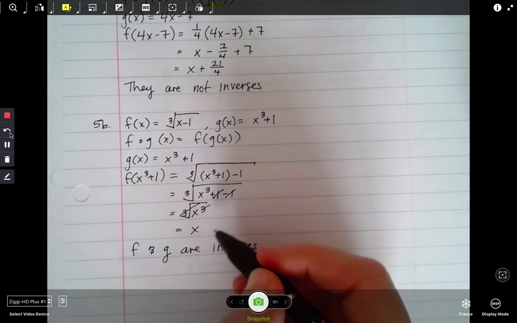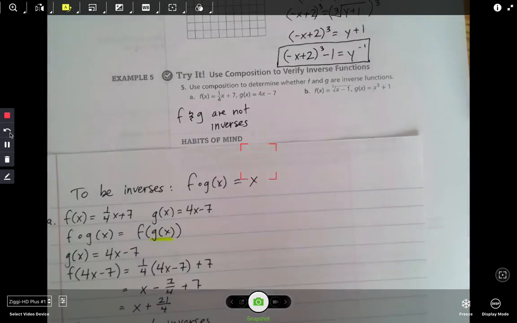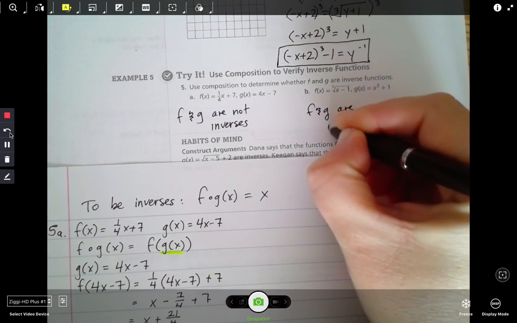So that's what we want to be left with, just a plain old x. F and g are inverses.